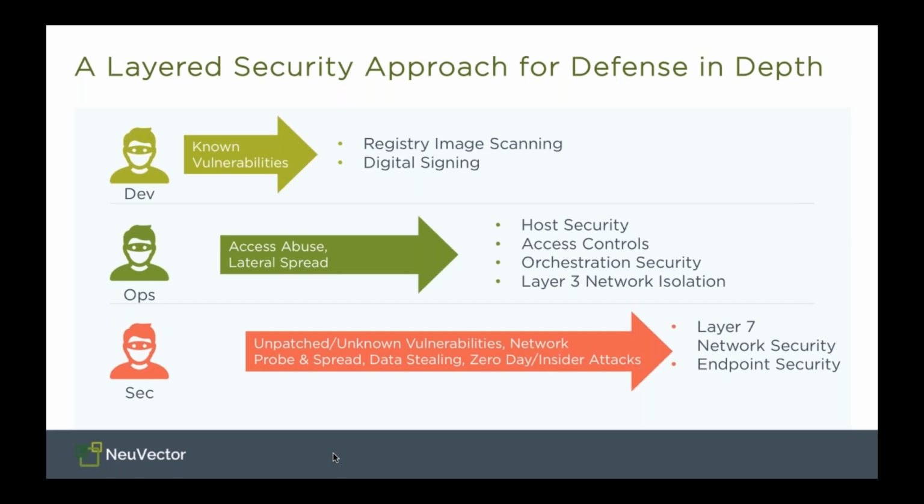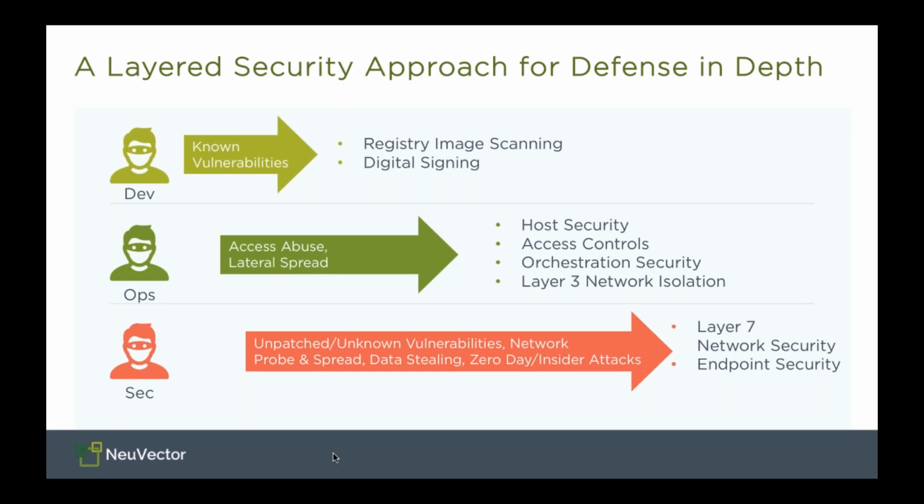Good is scanning your images, signing them, making sure that there's no vulnerabilities, as far as you know, that are moving down your pipeline. And then better is to make sure your hosts are locked down, you have proper RBAC and access controls for all your orchestration tools, your internal tools as well. And then also you're using all the orchestration security features that are built in.